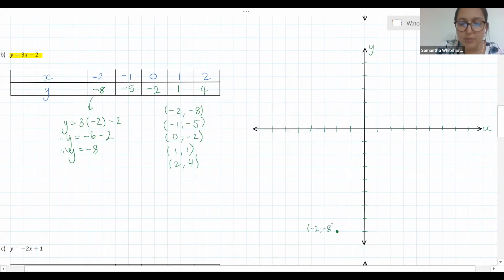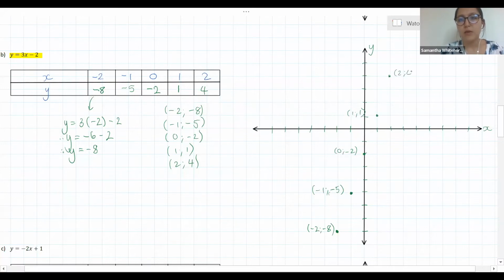I'm going to fill in the labels just because I'm not putting in numbers. You don't have to. -1, -5. This point here. We've got 0, -2. We then have 1, 1. And we finally have 2, 4.